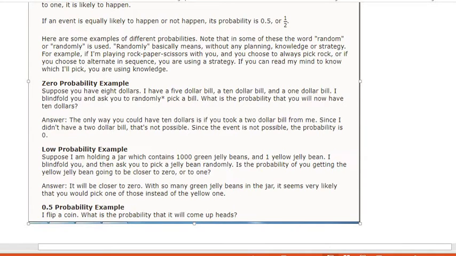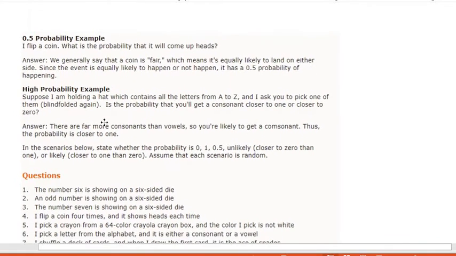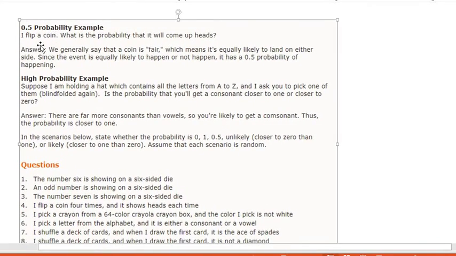Probability example. I flip a coin. What is the probability that it will come up heads? You know the coin, I have heads and tails. So, what's the probability that it will come up heads?